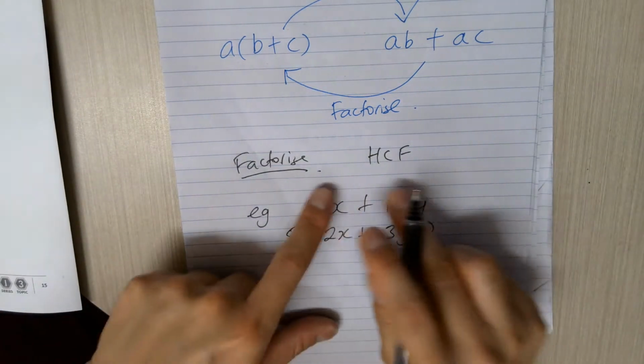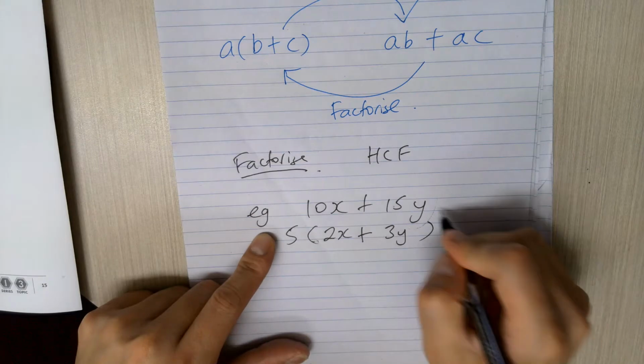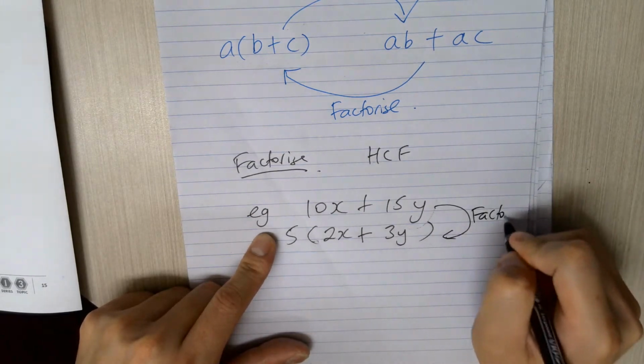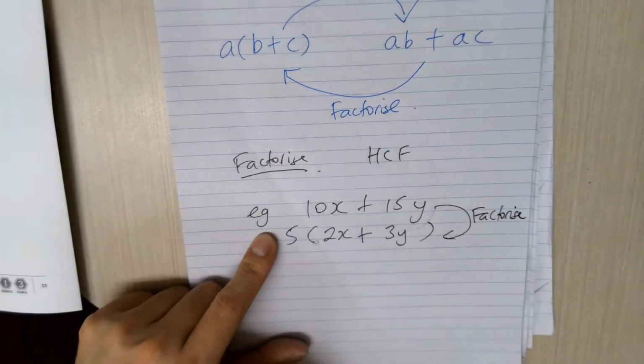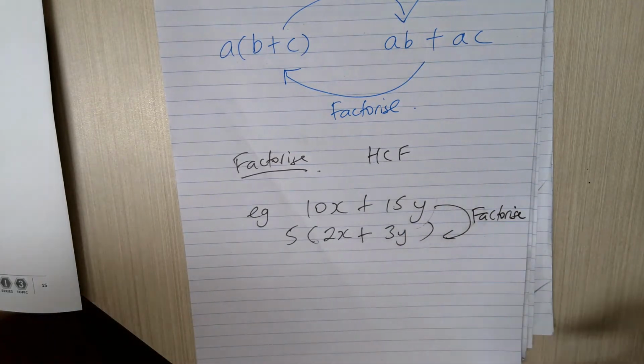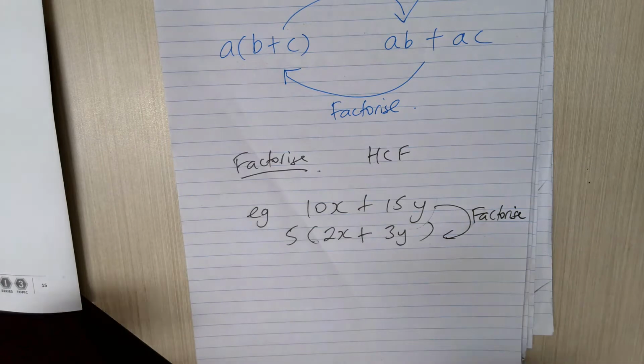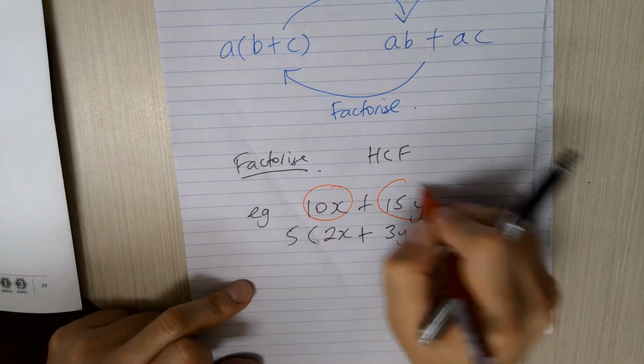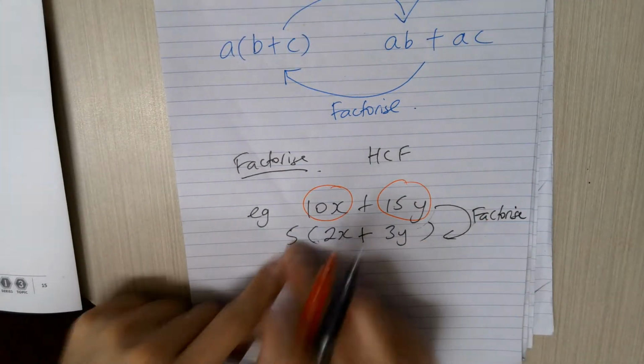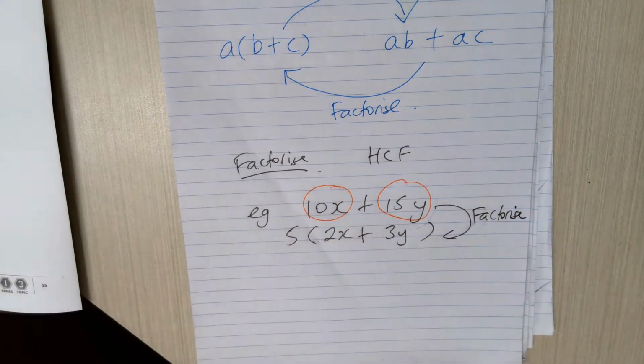So from this expression to this expression, this is called factorization or factorize. This process is called factorize, right? So what it's saying is, I want to take the factor of these two terms outside of the bracket. That's why it's called factorize.